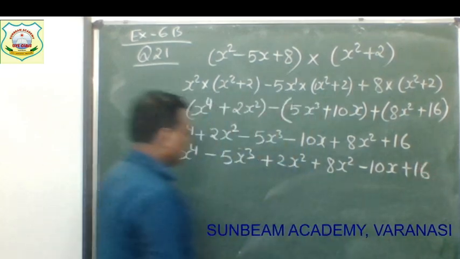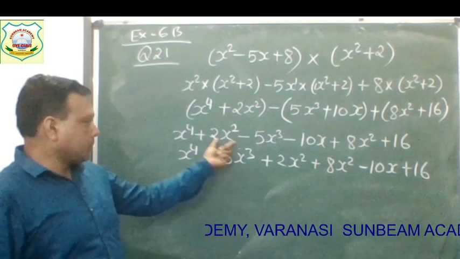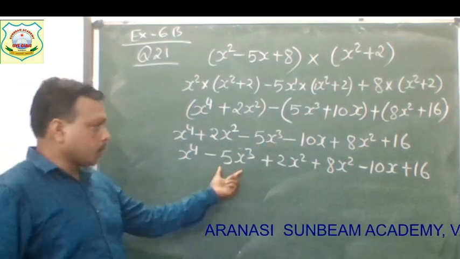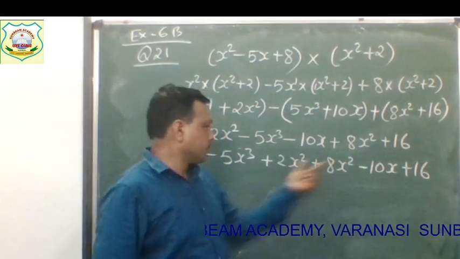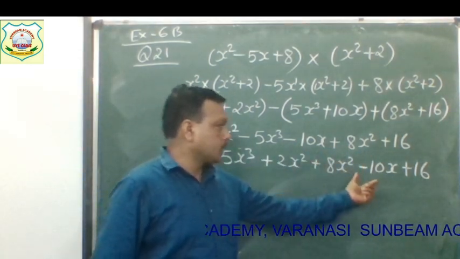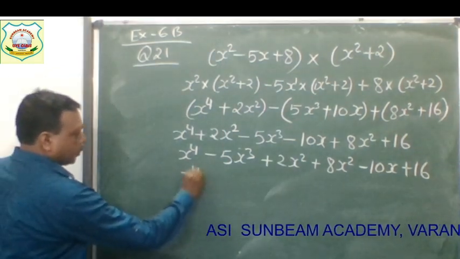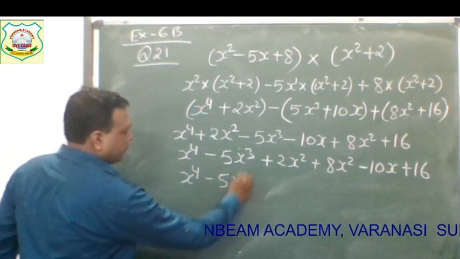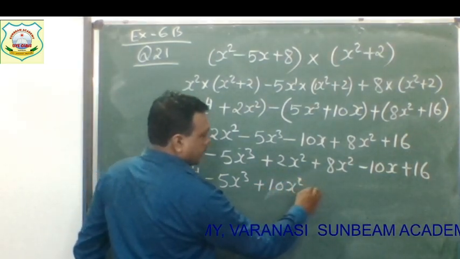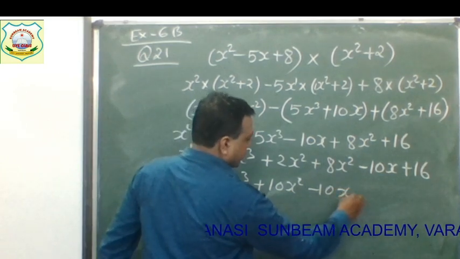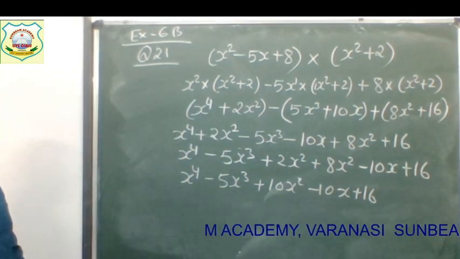You can check here, x power 4 term only 1 is here. So x cube, there is only 1 term. X square, there are 2 terms. X power 4 we will write same, no other term is here, minus 5x cube, plus 2 plus 8, 10x square, minus 10x plus 16. Okay students? Now look at all students.